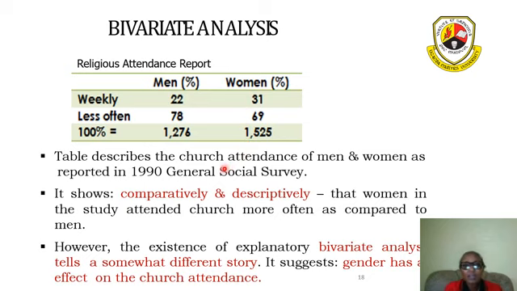So here we have an example of a research that was done looking at religious attendance in relation to gender. Weekly church attendance, or any other religion, those who go to church, even to a mosque, who are most frequent, either men or women.